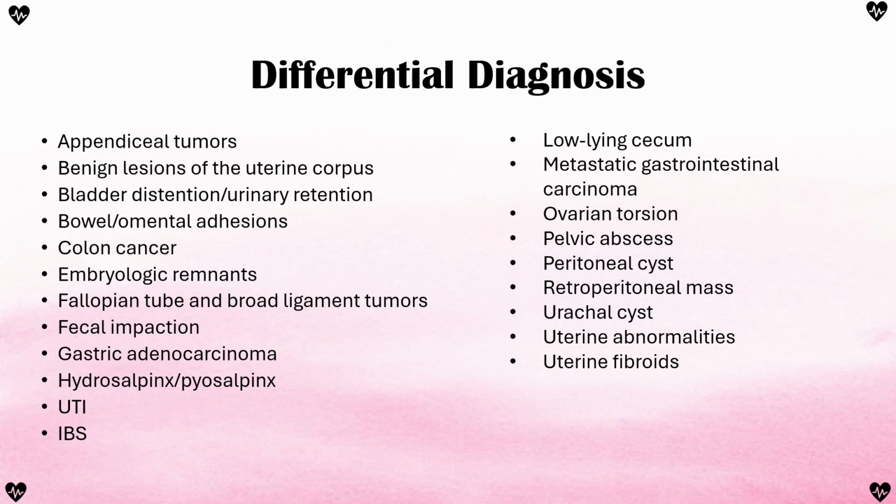These are some differential diagnoses that present similar to ovarian cancer, which is why it's so important to go get checked out if you're experiencing any symptoms, because it could be one of these, but it could be ovarian cancer.